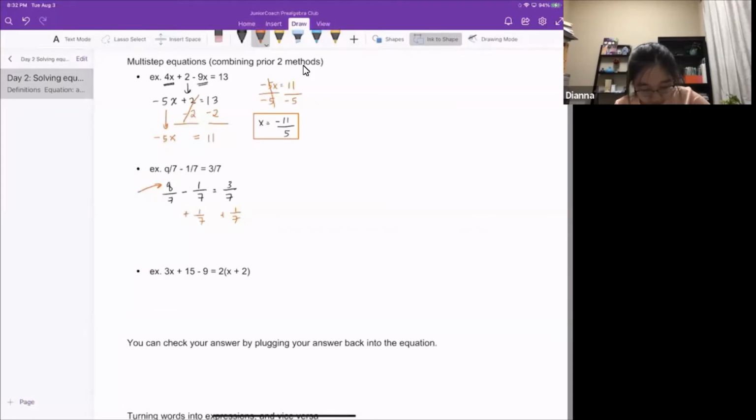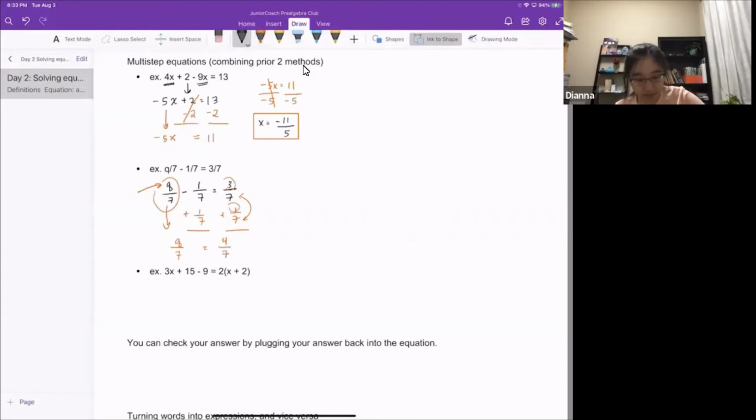Because then that'll get me q over 7, right? This just moves down. Q over 7 is going to equal, so 3 over 7 plus 1 over 7. The denominators are the same, so I can just add up the numerators, 3 and 1. So that's going to be 4, and the denominator stays as 7.